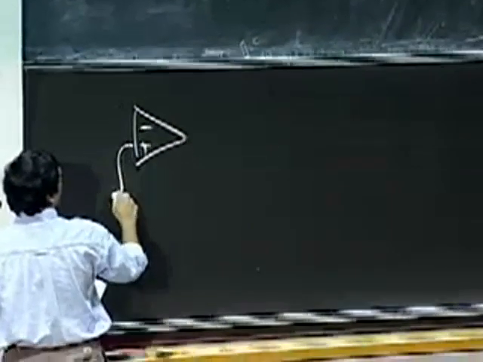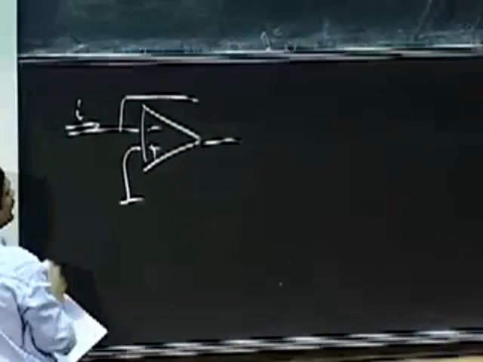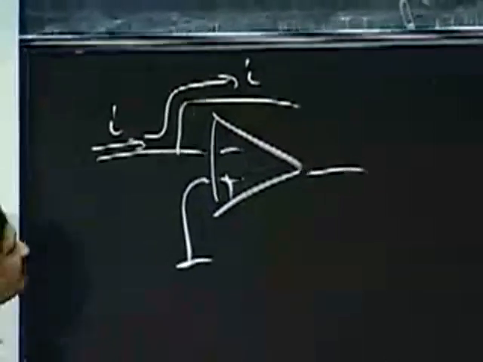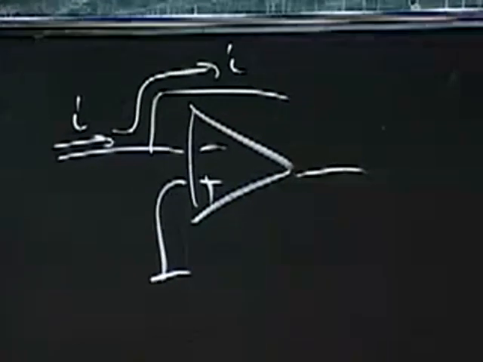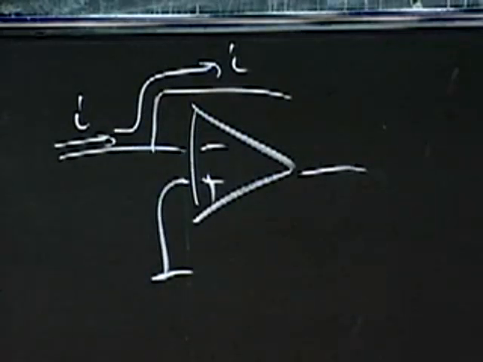So again, remember, for the op-amp, if I have a current I flowing here, then by the reflection property, I gets pushed up into this edge, provided that the whole circuit is working with decent negative feedback.